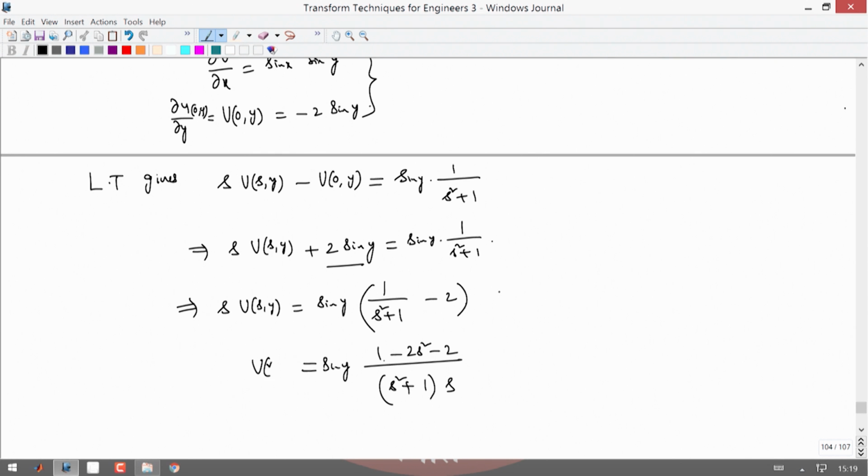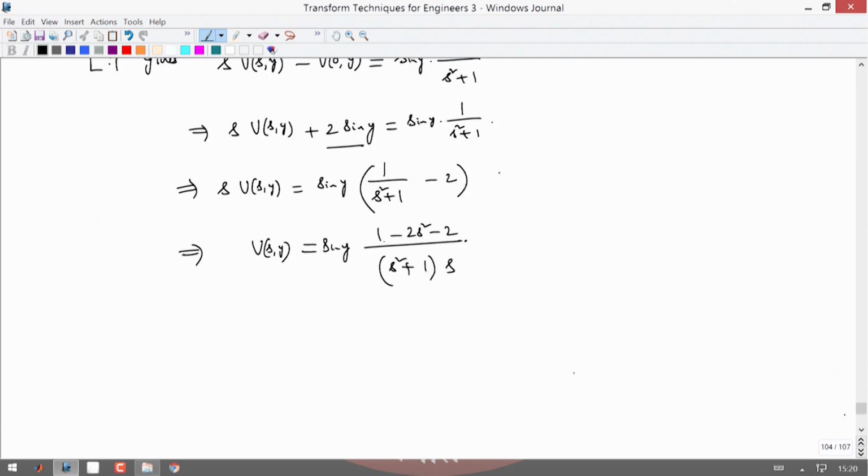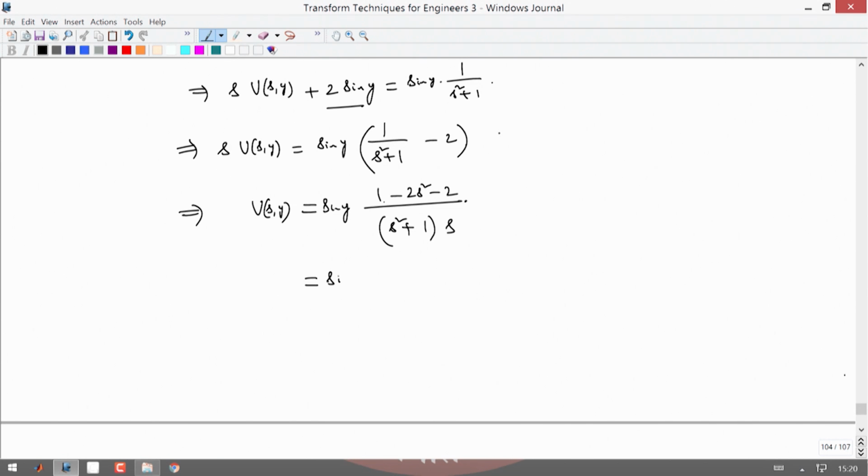So, this will give me U(s, y), I divided both sides by s, okay. So, this is equal to sin y times, minus you can bring it out, and you have 2 s square minus 1 plus 1 divided by s times s square plus 1, that is what is your U(s, y).